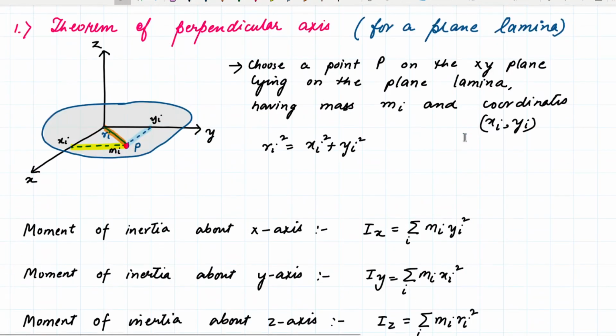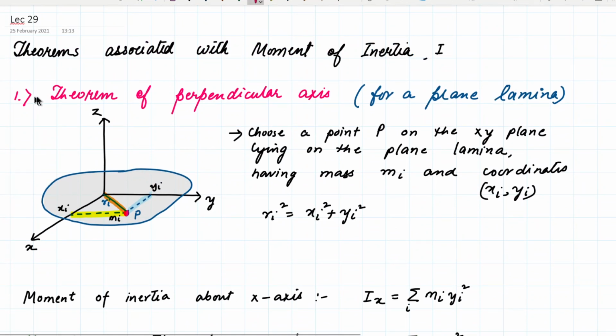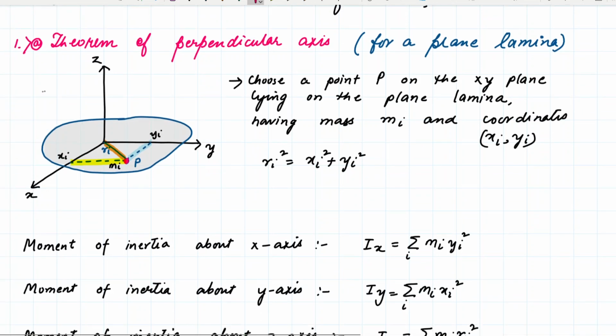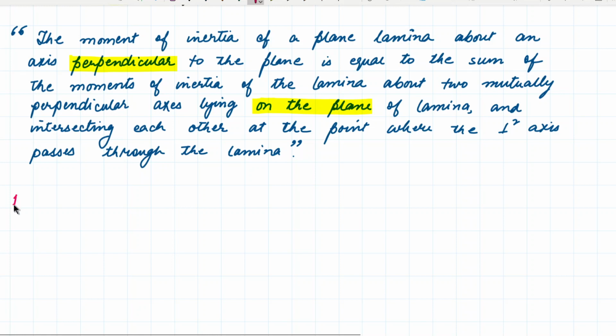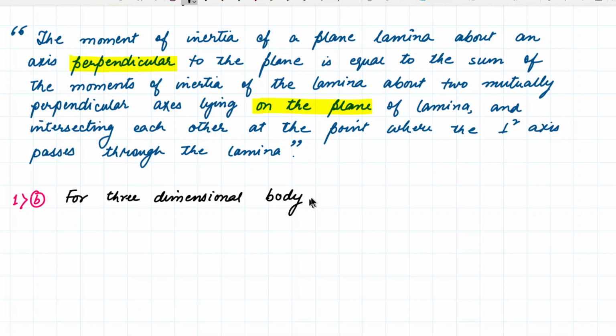And there is also a similar sort of theorem of perpendicular axis for three-dimensional bodies. Do you know what this is? No, sir.